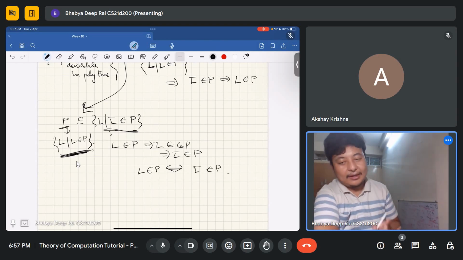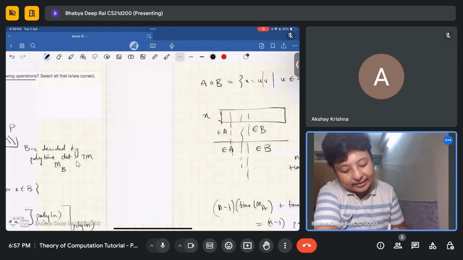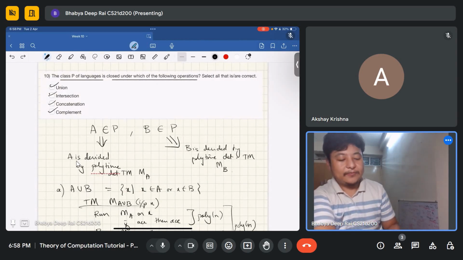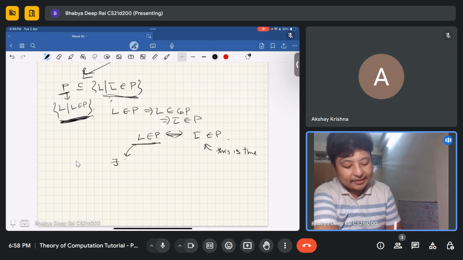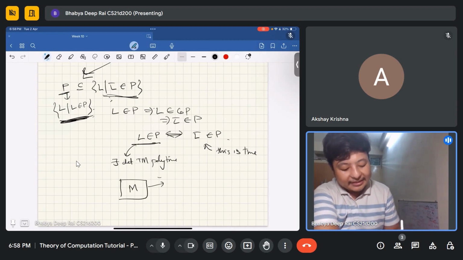Is this correct? The answer is yes. This is true. Why? This is part of this question: P is closed under complementation. Because if L is in P, then there exists a deterministic polytime Turing machine M. And if I want to decide L bar, the complement of L, all I need to do is run machine M. If it says yes, then I give a no. If it says no, then I give a yes.